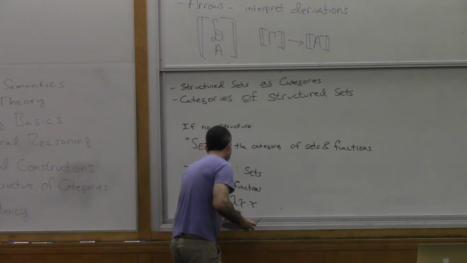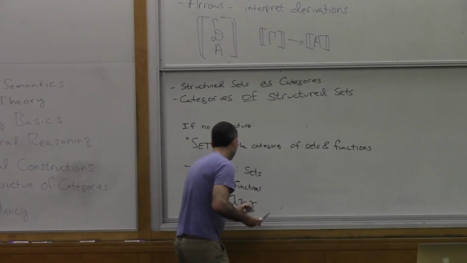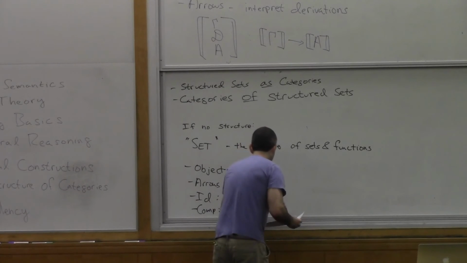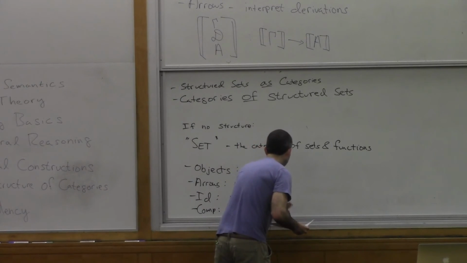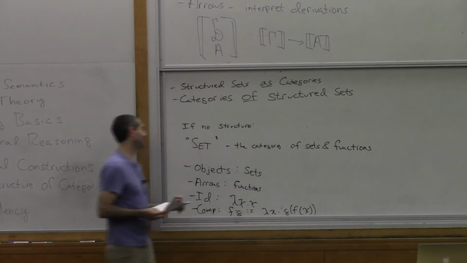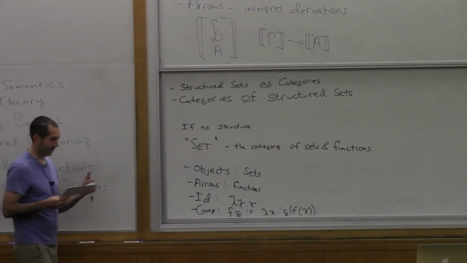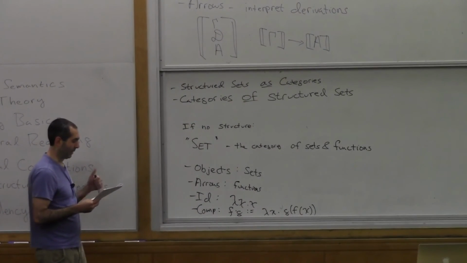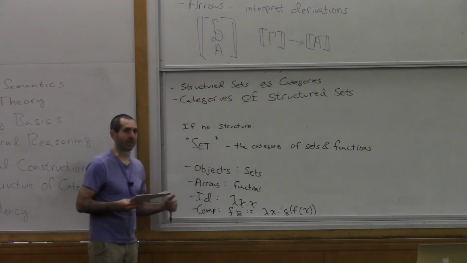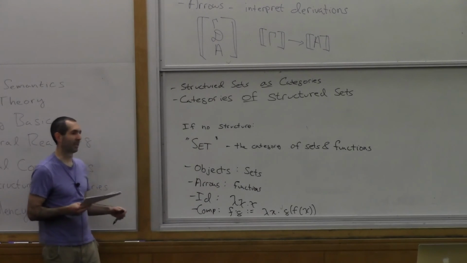F compose G is defined to be x maps to G of F of x, which is function composition. And you can check, or you hopefully already know, that function composition is associative and unital, with the identity function as the unit.